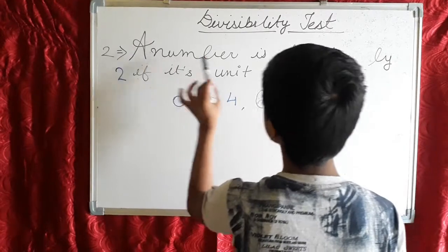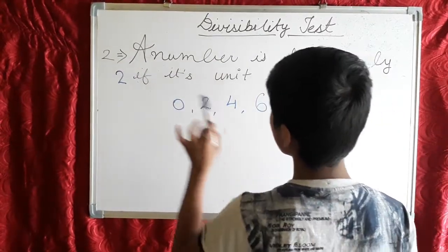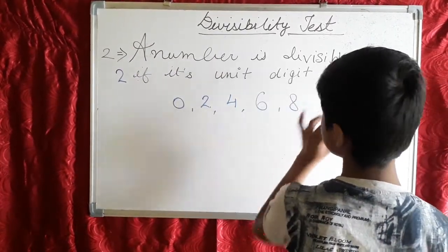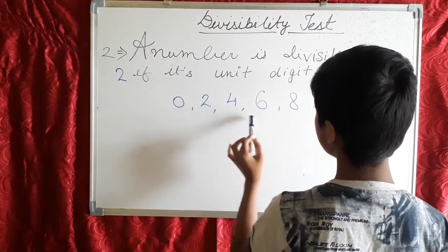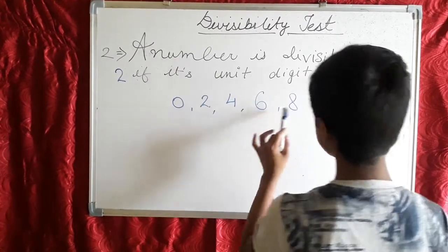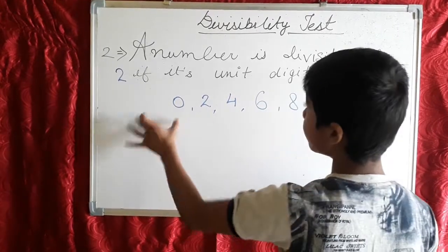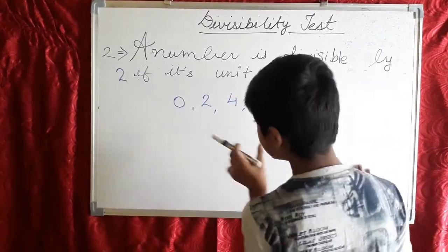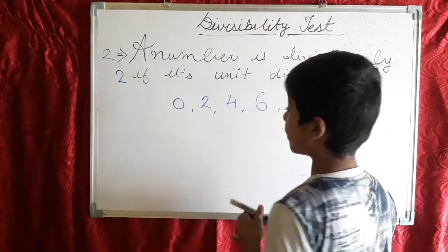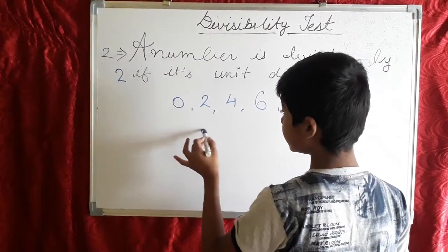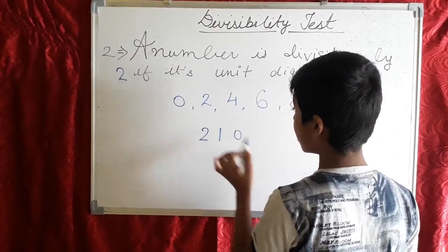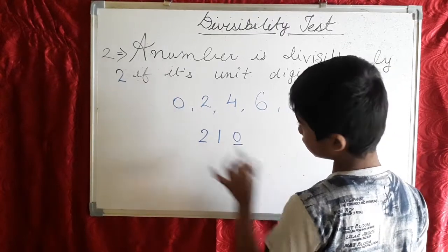A number is divisible by 2 if its unit digit is 0, 2, 4, 6 or 8. Which means a number carrying a unit digit of 0, 2, 4, 6, 8. For example, see 210, its unit digit is 0.